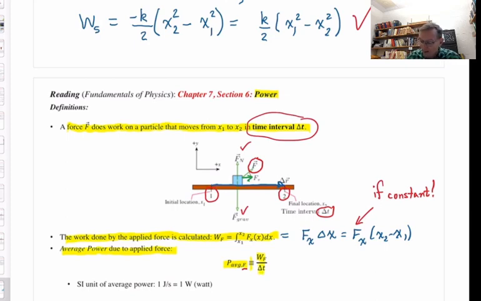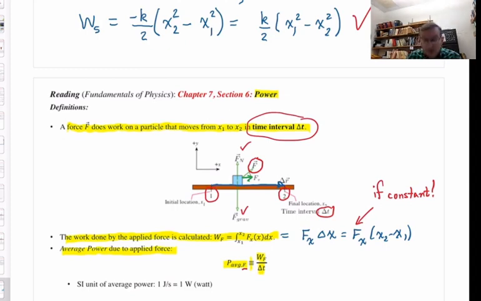The amount of time it took the block to move from 1 to 2. W_F over delta t. Okay? The work done divided by the amount of time it took to do that work. That's what we mean by average power due to a force.